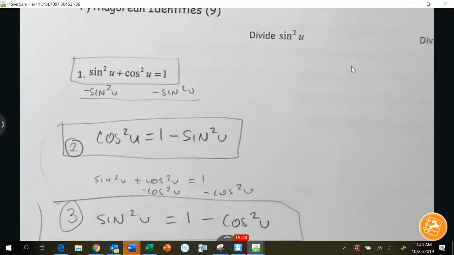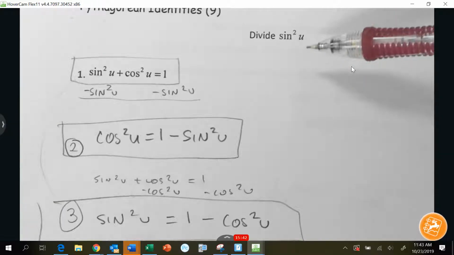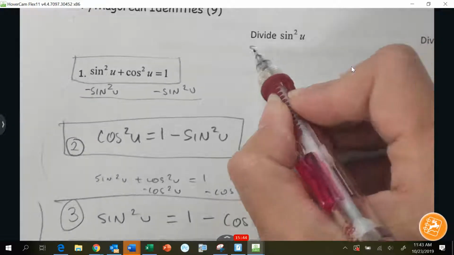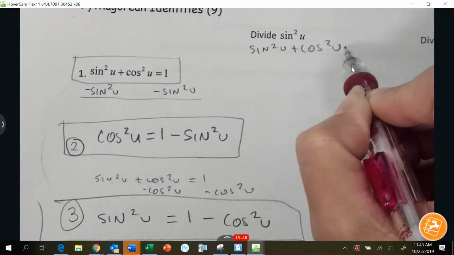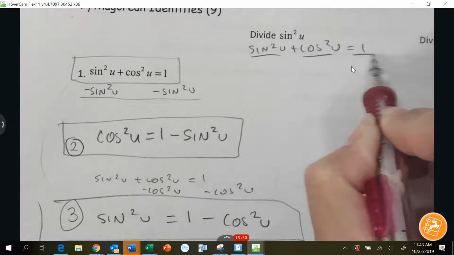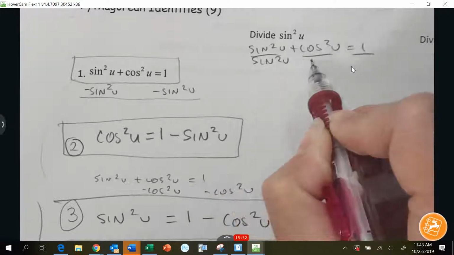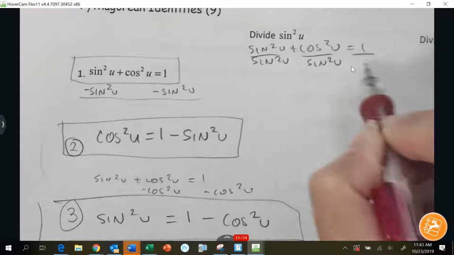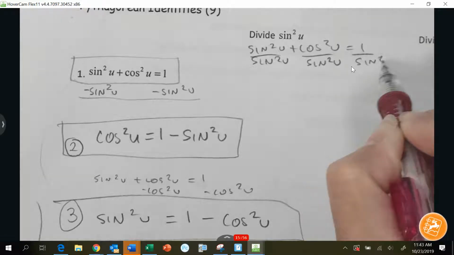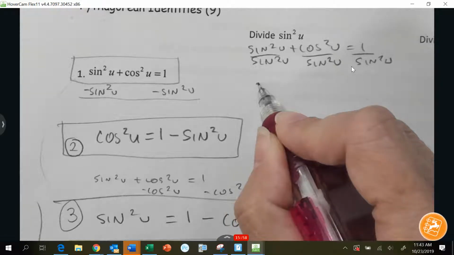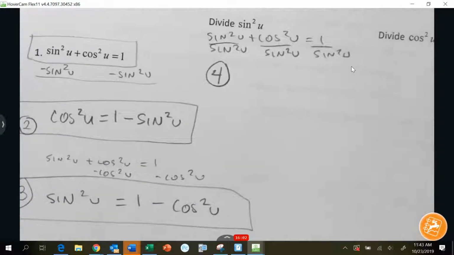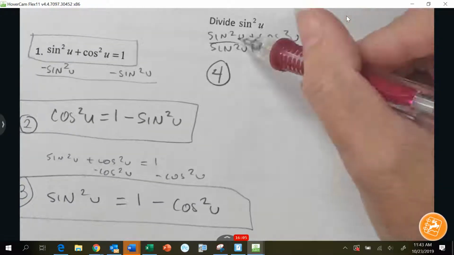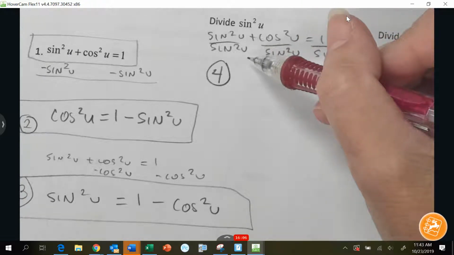For the 4th one, we're going to use division property of equality. So I'm going to start with that sine squared u plus cosine squared u equals 1 and just divide everything by sine squared u. And simplify. What is sine squared u over sine squared u? 1.